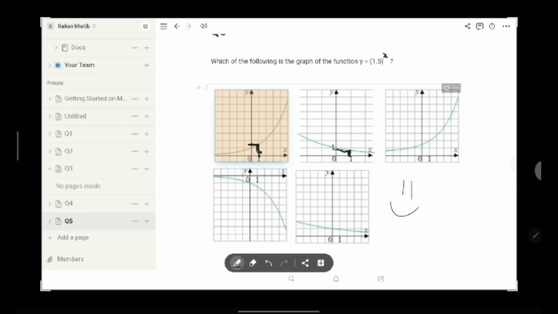Now some might hit, in this case none, others hit 1.5, but let's say there's two options that hit 1.5 where you just want to double check if it's correct. You put 1.5 to the power of 2 and you get 2.25. So here it's supposed to end at 2.25. Yep, so that's 1, that's 2, 2.25 is right here, and that's your answer.